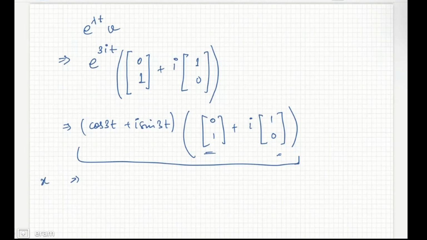If I say x1(t) is the real part of this, then x2(t), another solution basis, will be the imaginary part of this.